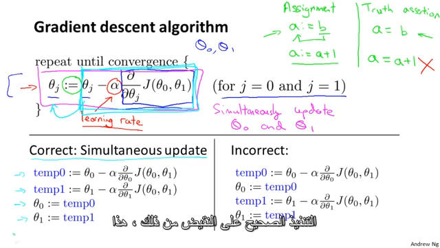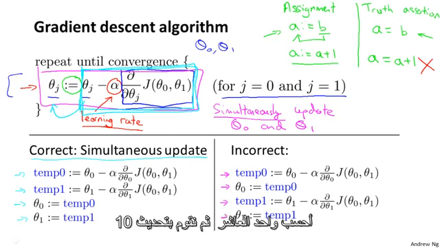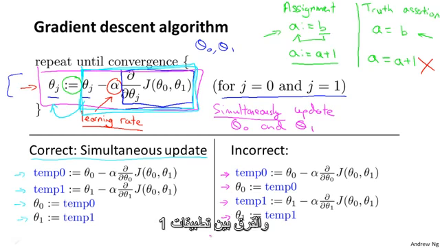In contrast, here's an incorrect implementation that does not do a simultaneous update. In this incorrect implementation, we compute temp 0, and then we update theta 0, and then we compute temp 1, and then we update theta 1.